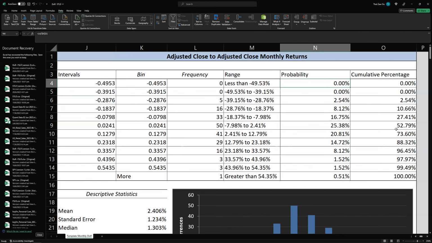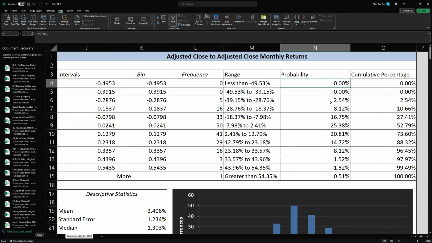So what is the purpose of cumulative percentage? If you look at this data set, it is only accounting for negative 18% to negative 28. But what if I want to know the probability of First Solar returning negative 18 and below? Negative 18 and below means negative 18 all the way down, so it is essentially adding up the probability.